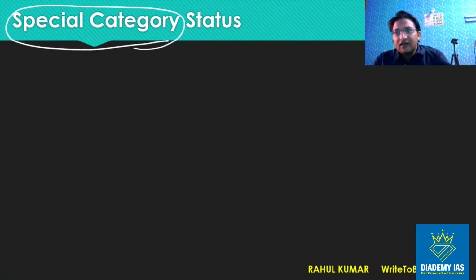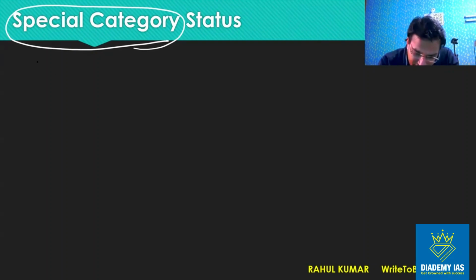So basically, there are some states which are historically facing various disadvantages, right? I'm repeating. These states which are facing some historical disadvantage as compared to the other states are called special category states, right?